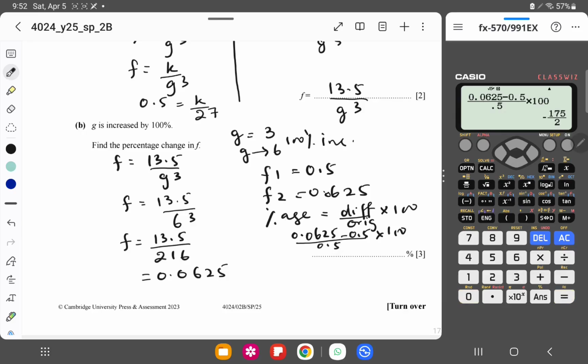That becomes minus 87.5. So it was inversely proportional, so as much as g increases, f will decrease. That's why we are getting the answer like this.